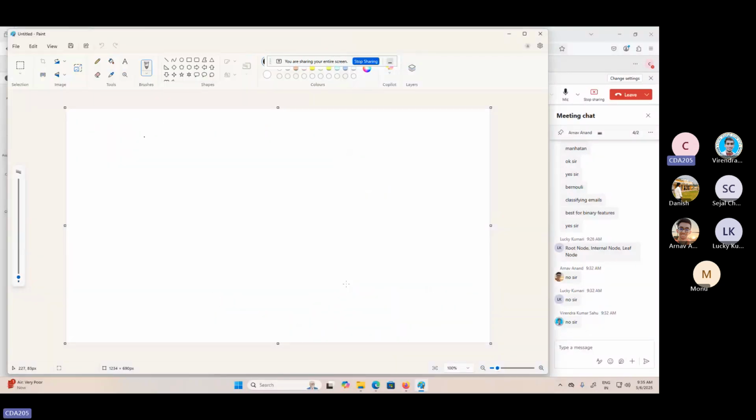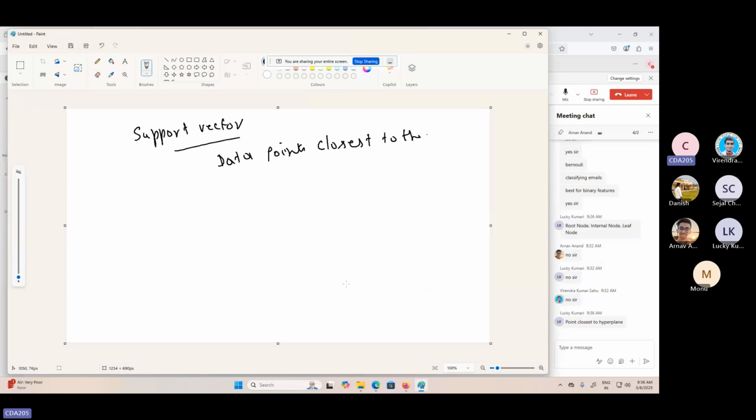First technical term is support vector. Can anyone tell what is a support vector? Support vectors are data points closest to the hyperplane. They define the margin.